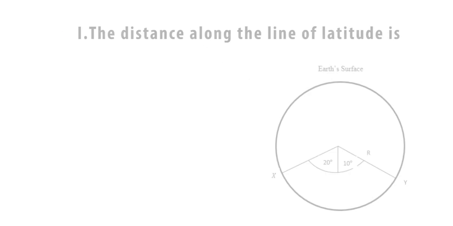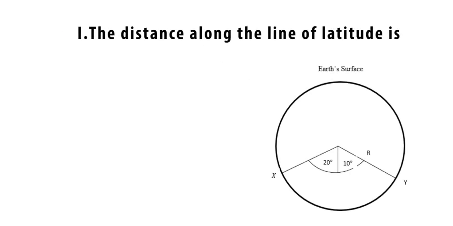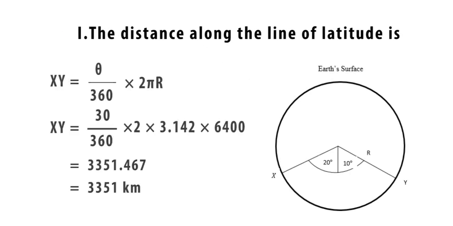The distance along the line of latitude is equal to XY equals theta divided by 360 multiplied by 2 pi r. If you do our substitutions, then we have XY equals 30 divided by 360 multiplied by 2 multiplied by 3.142 multiplied by 6,400.